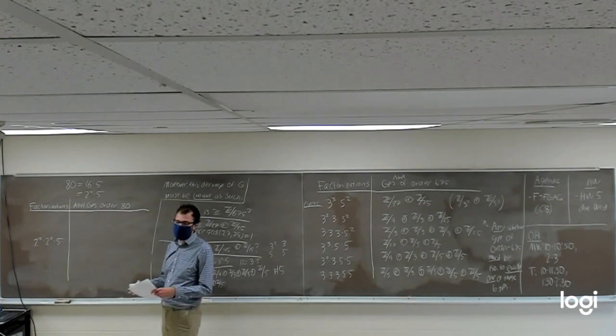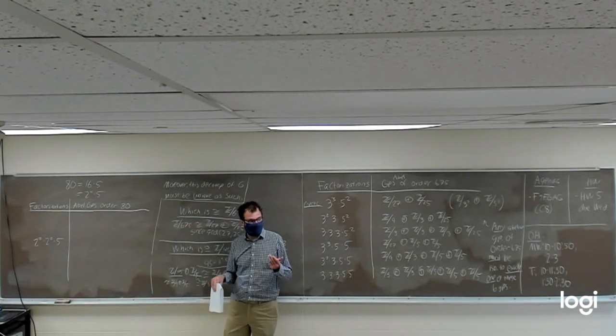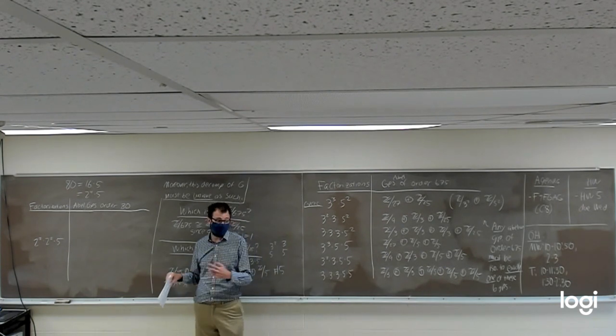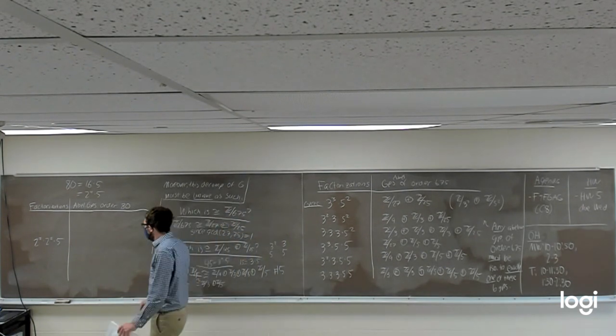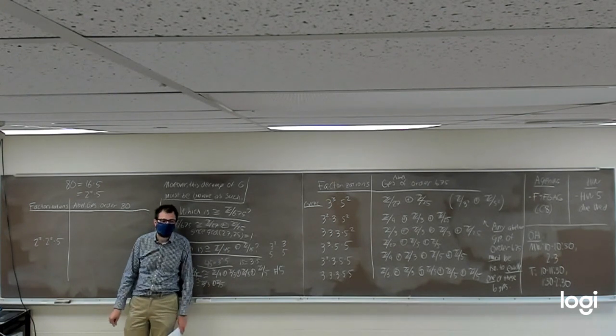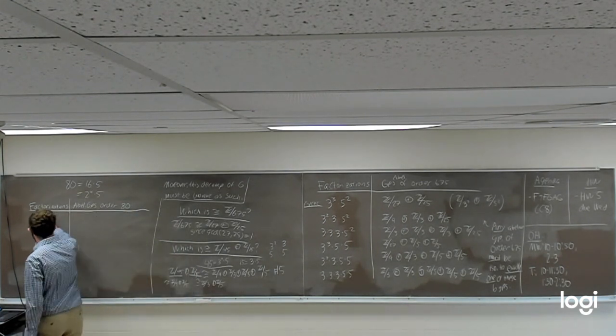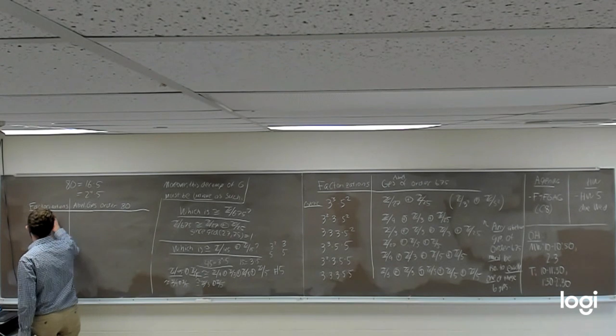I like it. That's the tricky one. 2 squared times 2 squared is a perfectly valid way of factoring 2 to the 4. What would be another way? Valerie? 16 times 5. 2 to the 4th times 5. That's the one I wanted to start with.